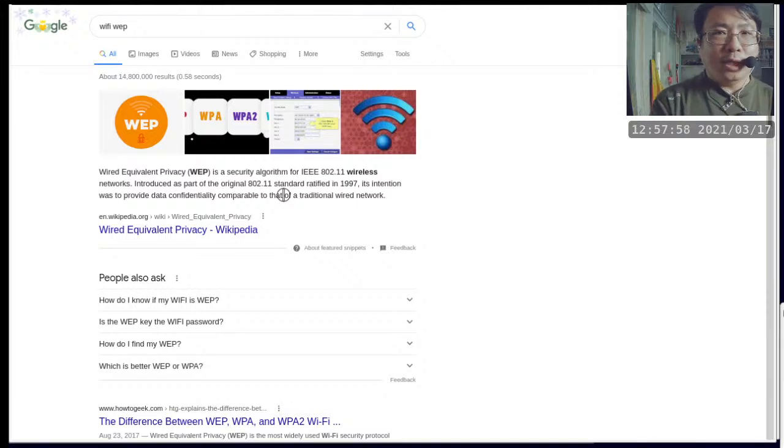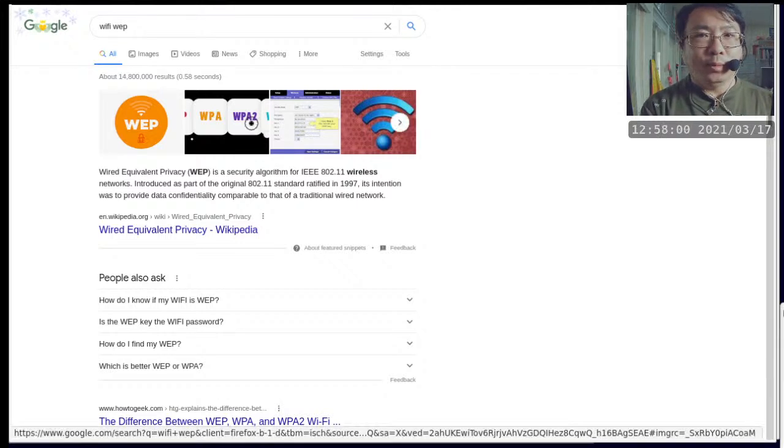We are using WPA now. We are using WPA2, and WPA2 also has a variety of ciphers. Depending on the cipher that is being used, the strength of the encryption can also vary.